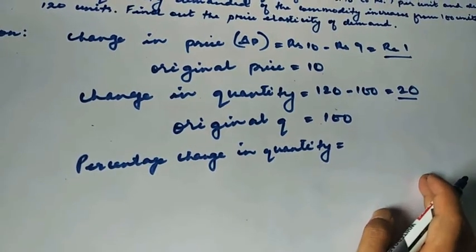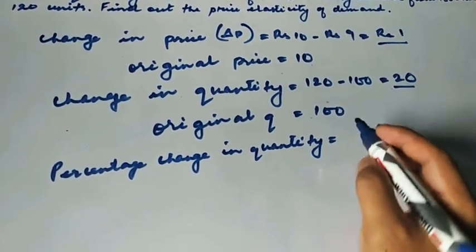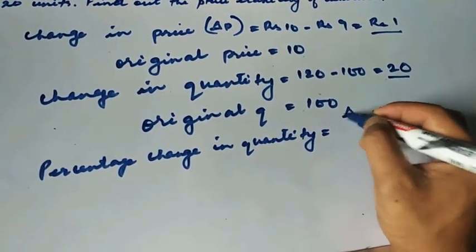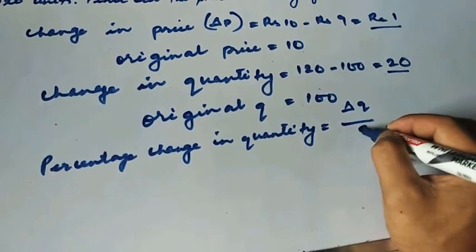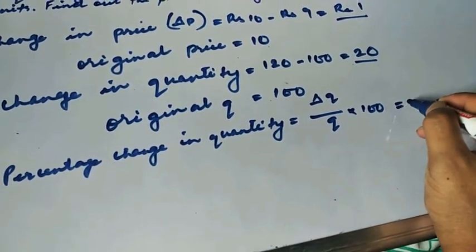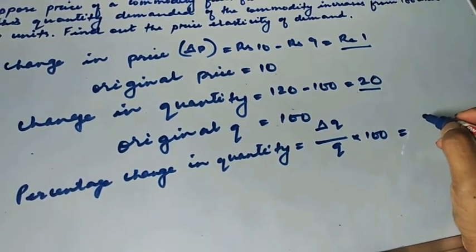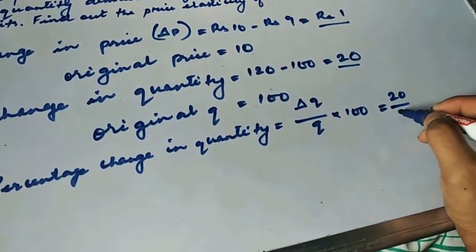According to the formula, we have to find out the percentage change in quantity first. Percentage change in quantity is given by change in Q divided by Q into 100. What is the change in quantity? Change in quantity is 20. What is the original quantity?